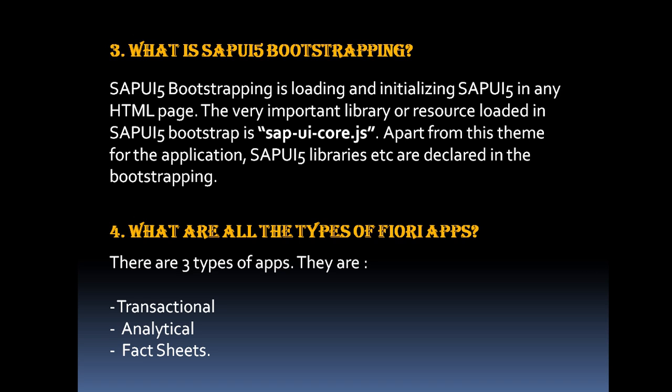Like if you have an application or if you have projection of your figures and if you want to check how it would be 3 months later, then that would be perfect for an analytical application to do. But if it's a fact sheet one or a factual one, then it is just displaying what you have or what is there right now. So these are the differences between transactional, analytical and fact sheets.